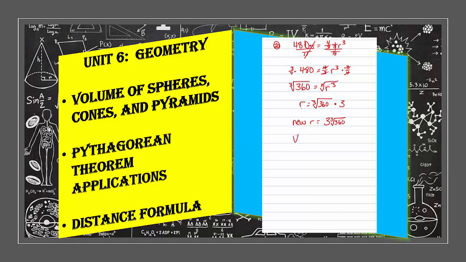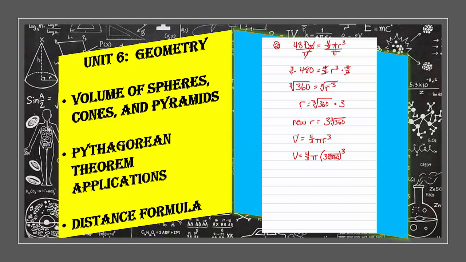Where we plug all of that into our volume of a sphere formula. And we're going to notice real quick that when I plug in that volume, that cubed root, cubing it is going to pull it out of the cubed root, and so we'll see how that works in just a minute. Volume is equal to 4/3 pi times 3 times the cubed root of 360, cubed.